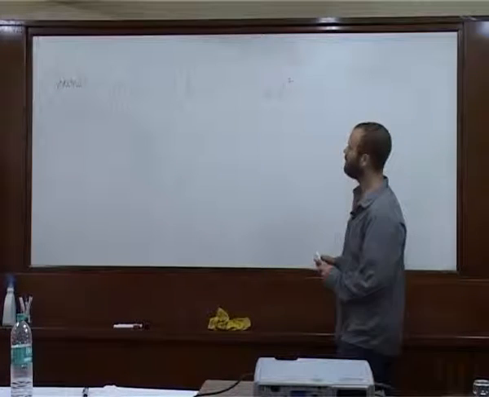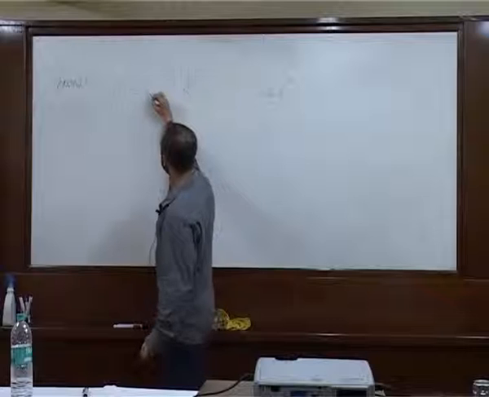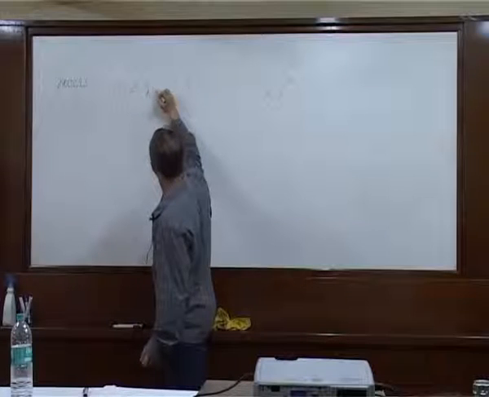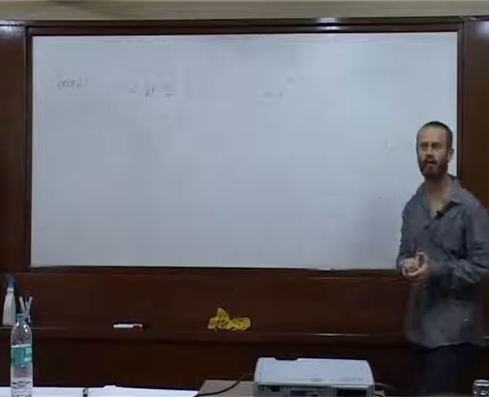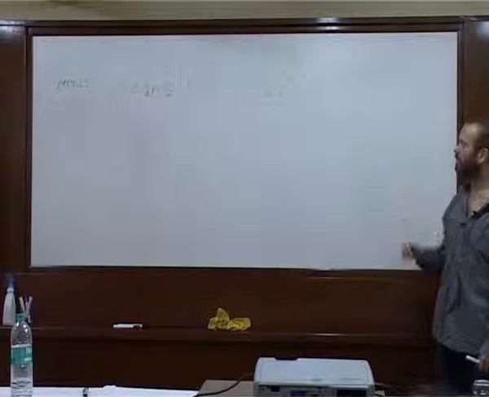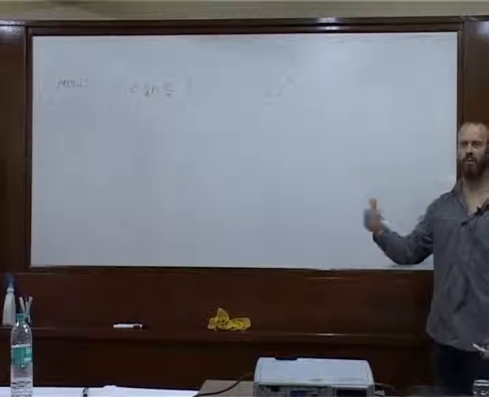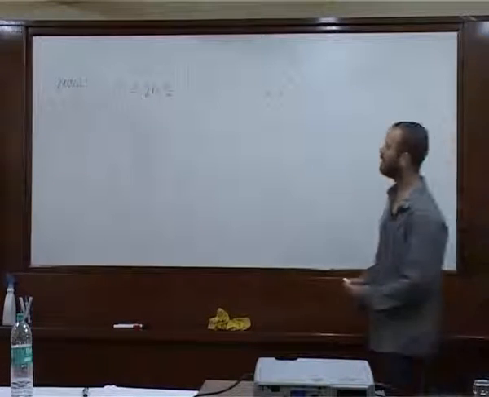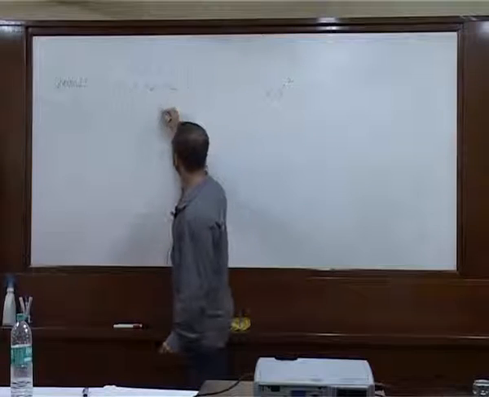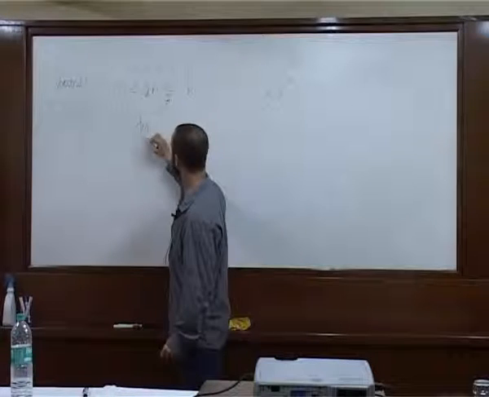But we know slightly more. We know that k is at least 2n asymptotically, or at least infinitely often it is 2n. And this is due to topology.